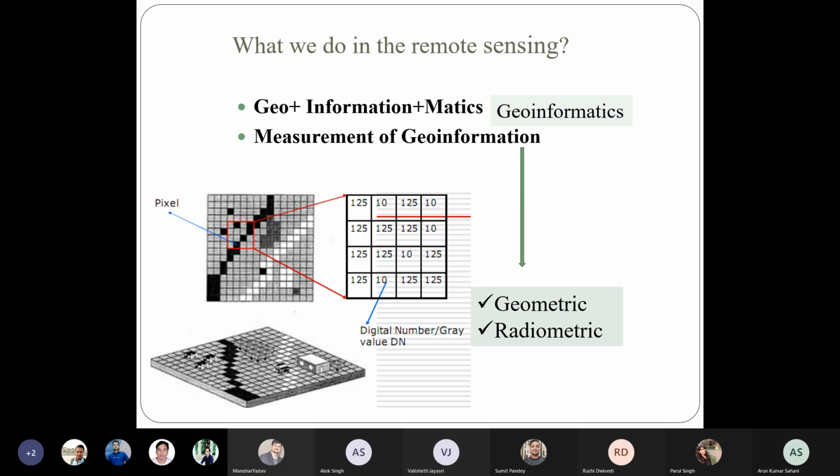That color is actually assigned to a digital number, and that digital number is a representation of the amount of energy reflected back. These numbers contain the magnitude of energy that is reflected back from the gridded ground surface from where that image is acquired.